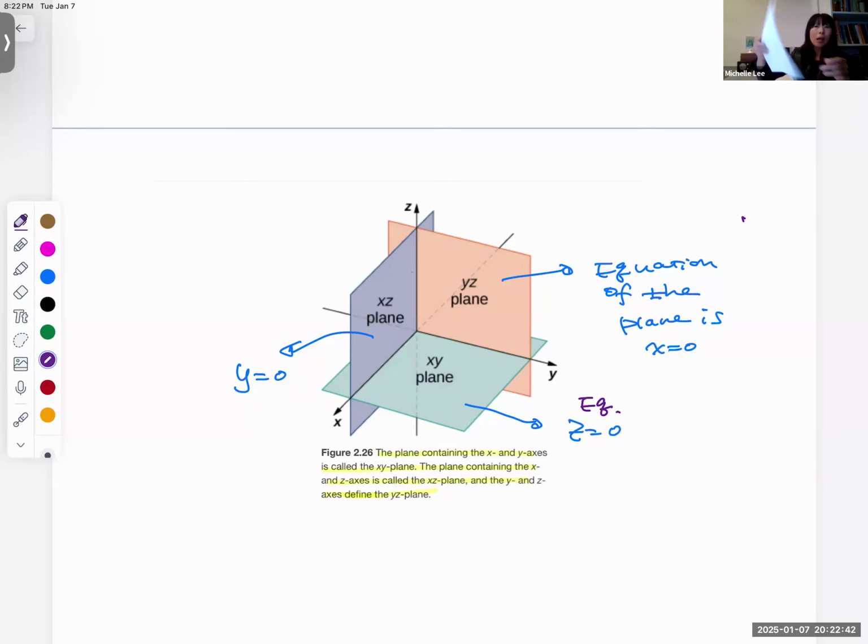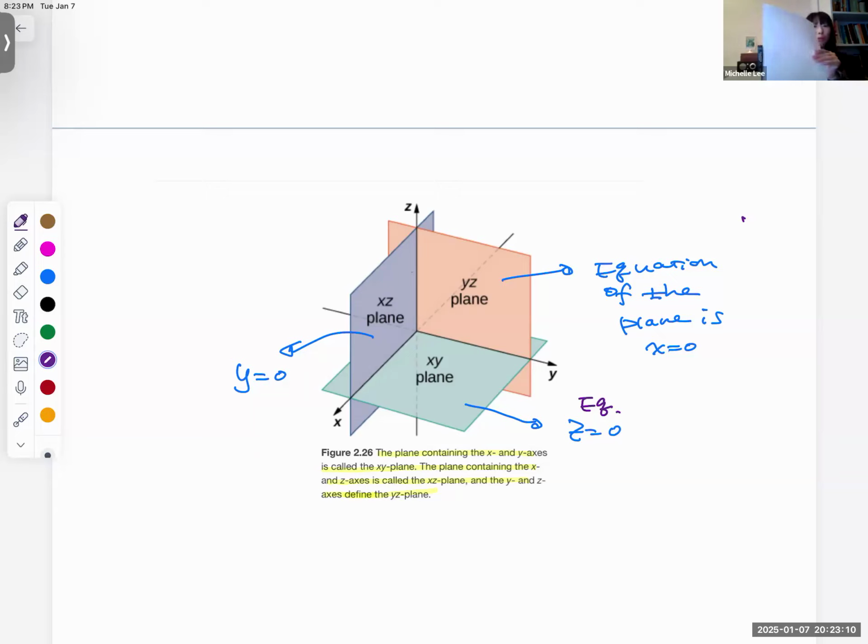And then for the YZ plane, the variable x is missing, so x equal to something for the equation. For the XZ plane, the variable y is missing, so y equal to some number, right?